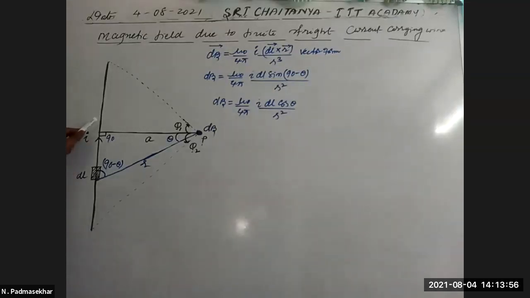I want to find the magnetic field due to the total current carrying conductor.